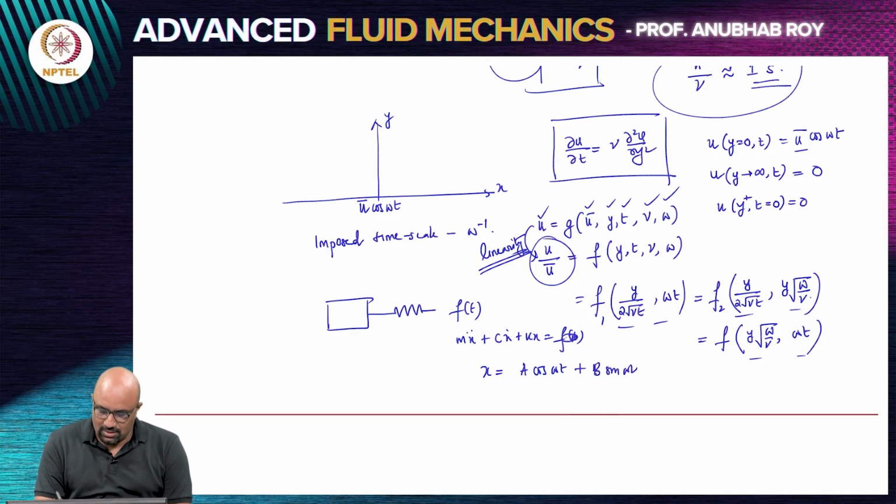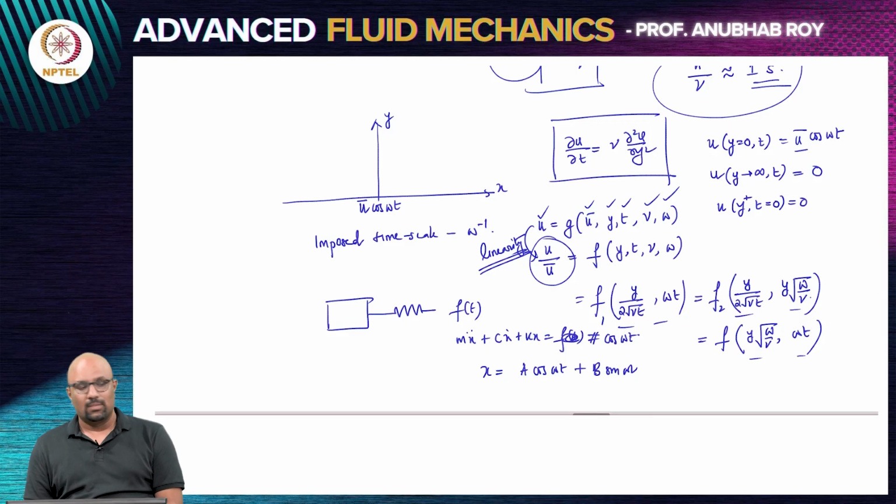So, this is some constant times, let us say, cos omega t. So, for the oscillator problem, if you wait long enough, all your transients are going to go away, and then the oscillator is going to latch on to whatever is your forcing frequency. Obviously, these constants will have information regarding the damping, mass, stiffness, etc.